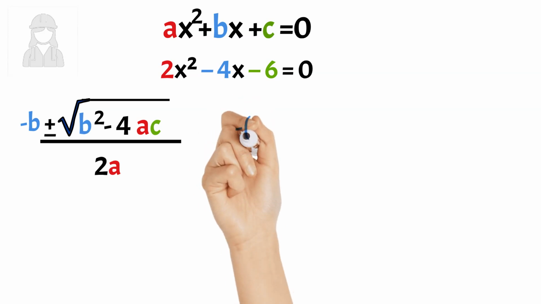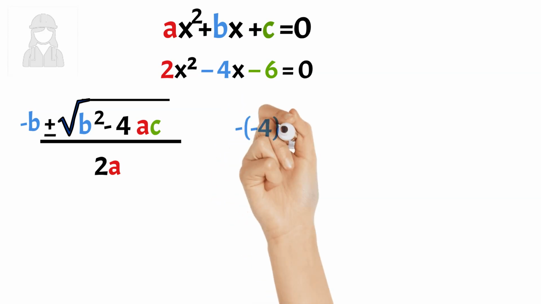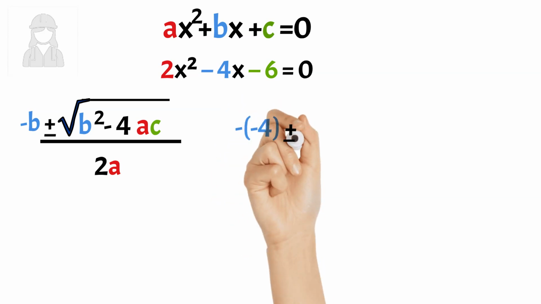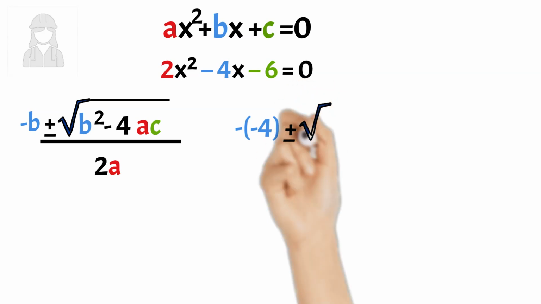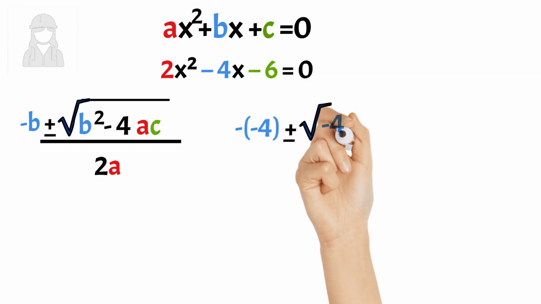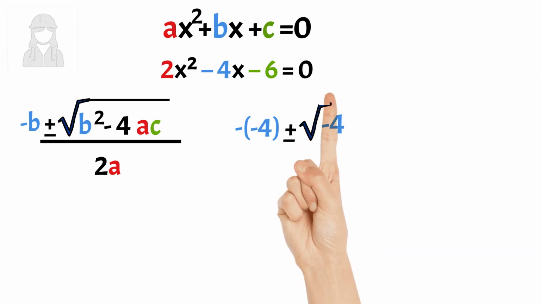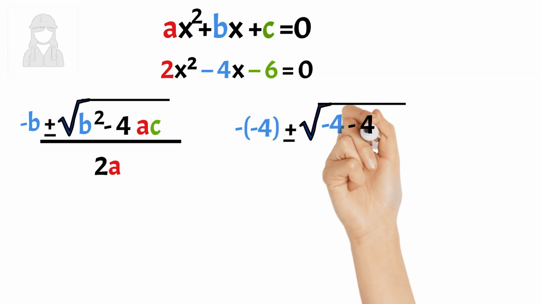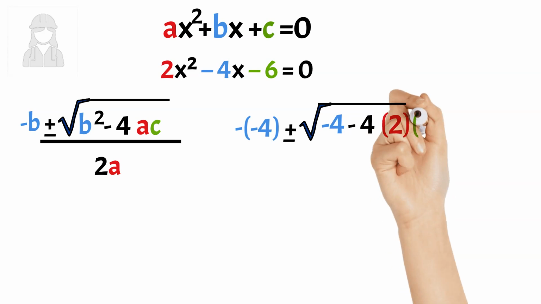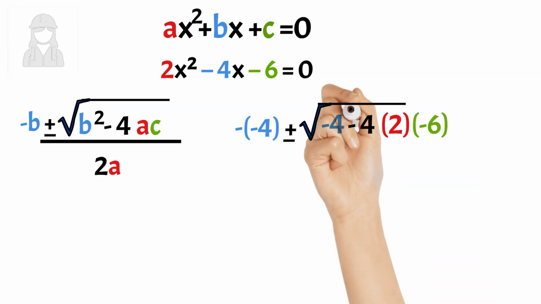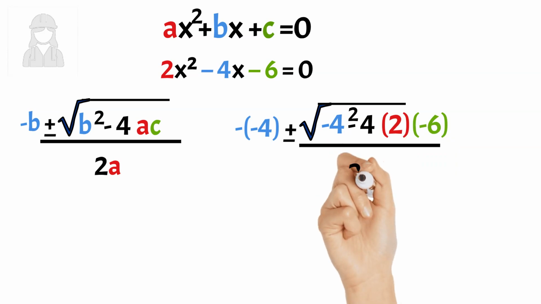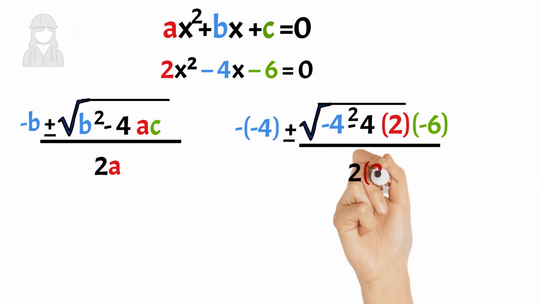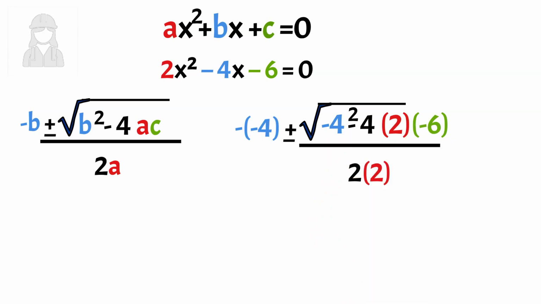So we have -b, which would be the negative of -4, plus or minus the square root. Now here we go, be careful. B squared, so b is -4, -4 squared, minus 4a times c. And divide all of that over 2 times 2.